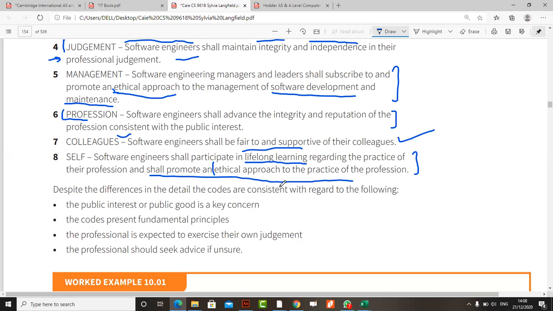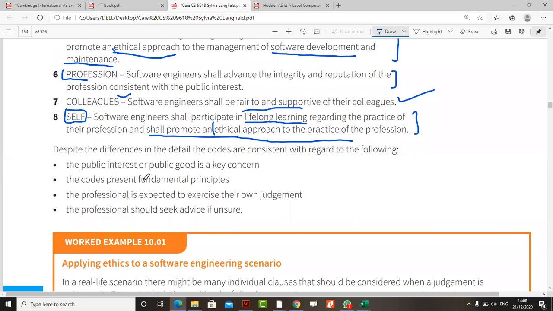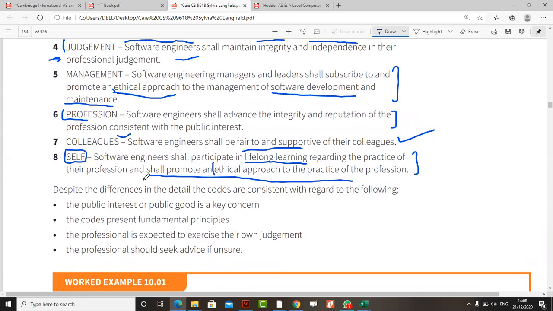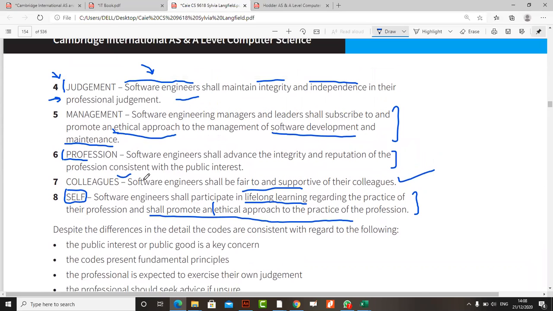It's ethically wrong to me and my profession if I don't update myself. You get the point why self is discussed over here. I hope I'm clear in what I said. Does anyone have a question on these 8 points? You can get a direct question on these 8 points, and we should be aware of them.